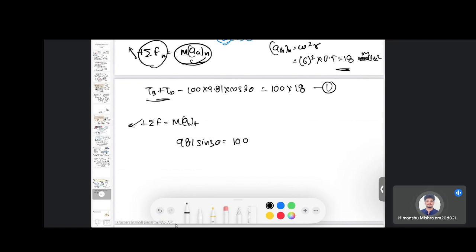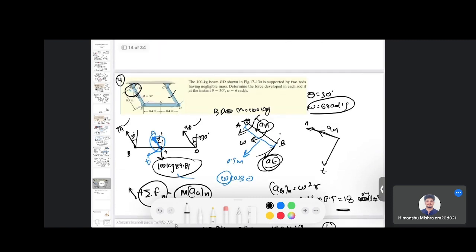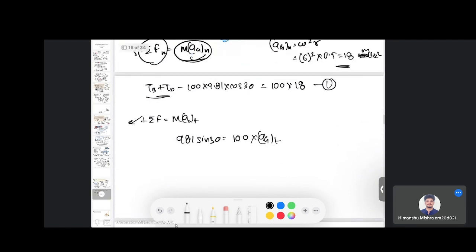My mass is 100 kg, and this is the acceleration in the tangential direction. So this is my equation 2.